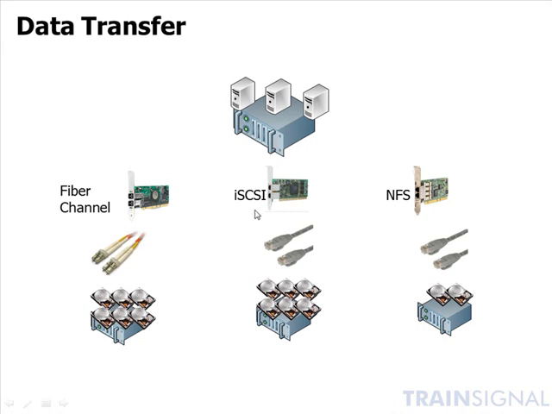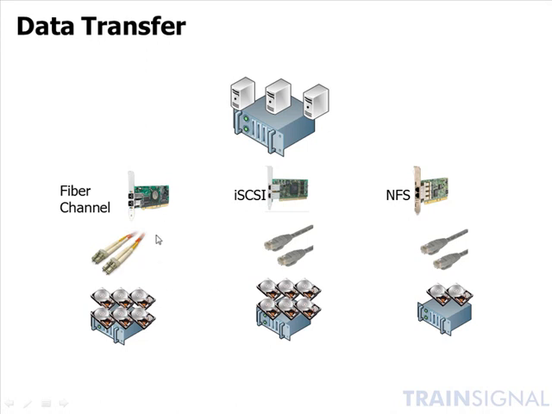iSCSI, while considered block level, as we saw in the earlier slide, is still using the traditional components of your network. So you're still using a traditional network interface card. You're using the Cat5 or Cat6 cables to transfer it to remote storage. So it's also considered IP storage, except the transfer method is different. And same case for NFS, or network file storage.